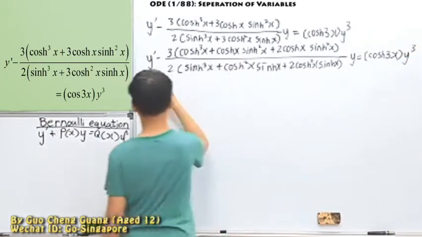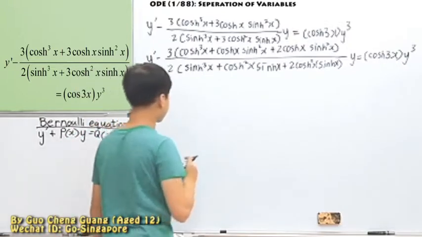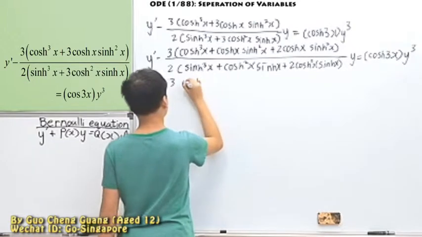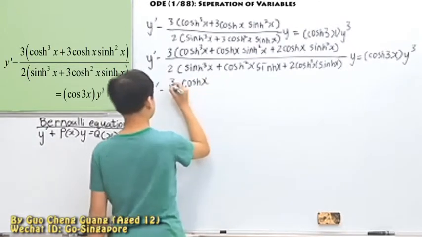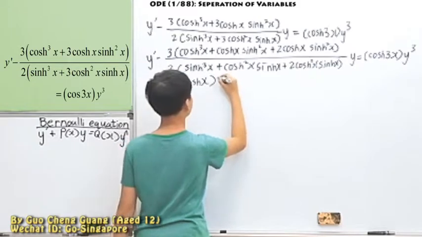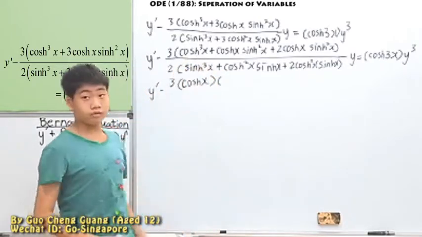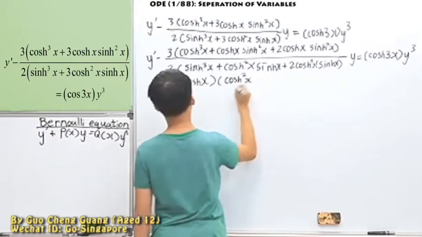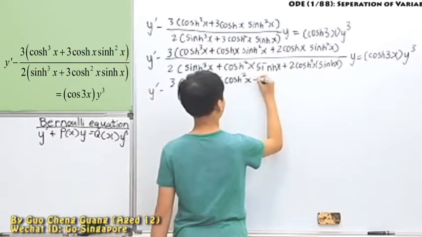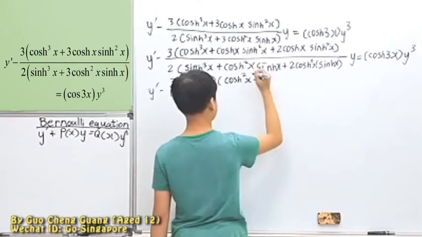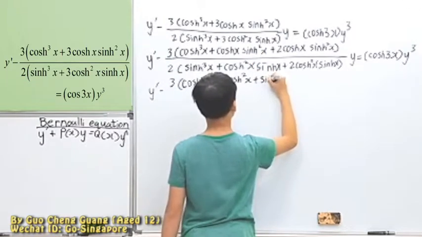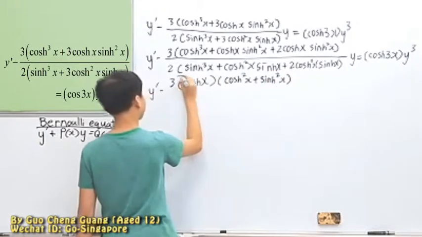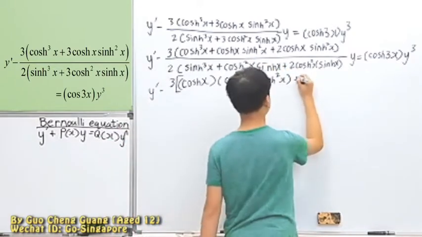Okay, then from here, I'm going to factorize a little bit. Okay, here we could factorize this hyperbolic cosine x. Now that here will be square of this. Then here we'll have square of the hyperbolic sine. Then for this part, we still have another part at the back.